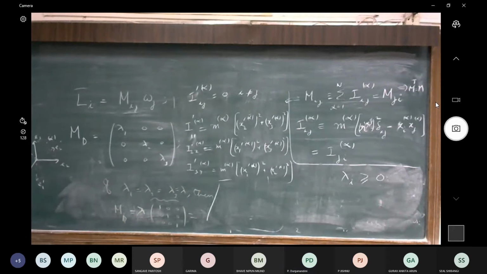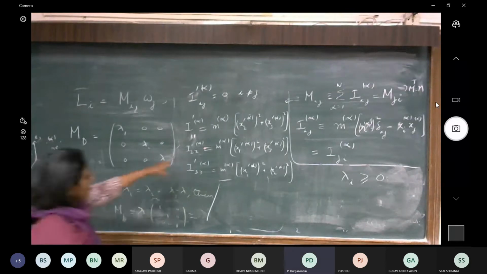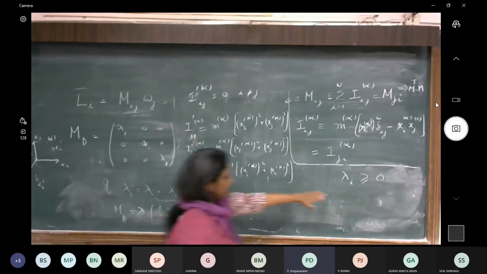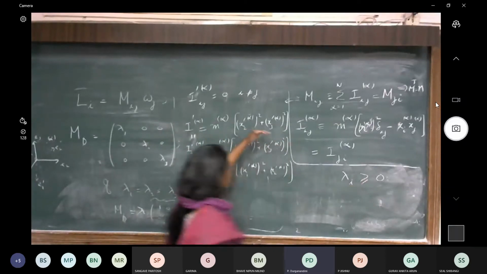What does that mean? Look at the definitions. Suppose one of these eigenvalues becomes 0. When can this become 0?